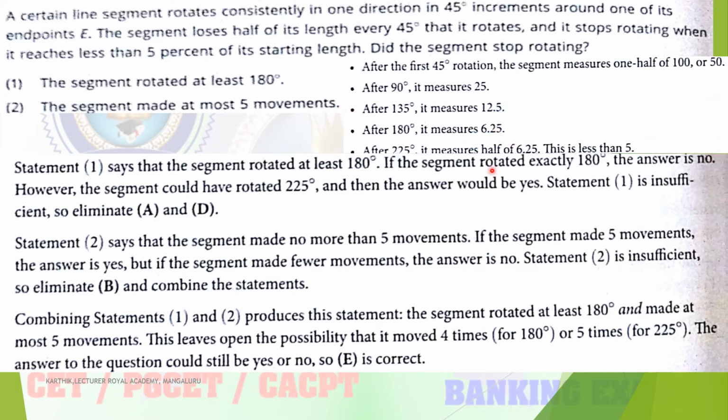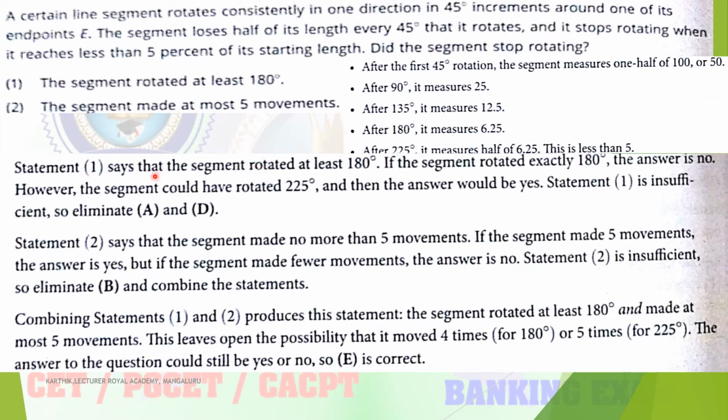But the statement says at least 180 degrees, so more than that is also possible. If it is 225 degrees, it is less than 5%, so two different answers you are getting.